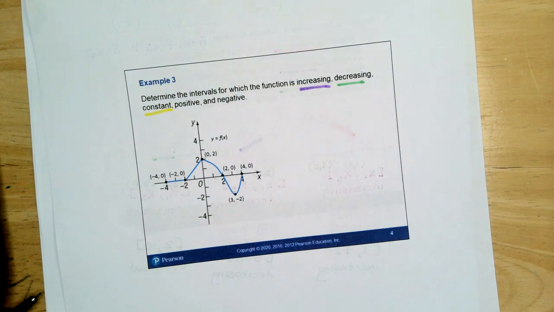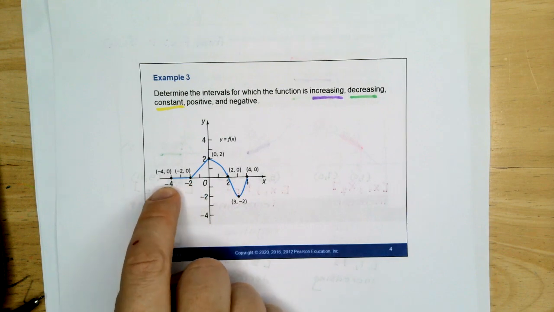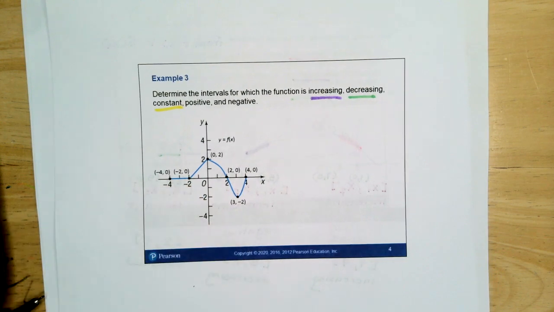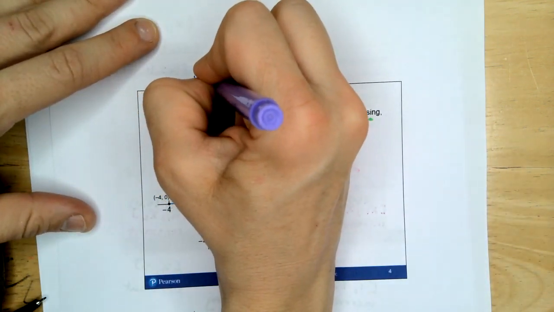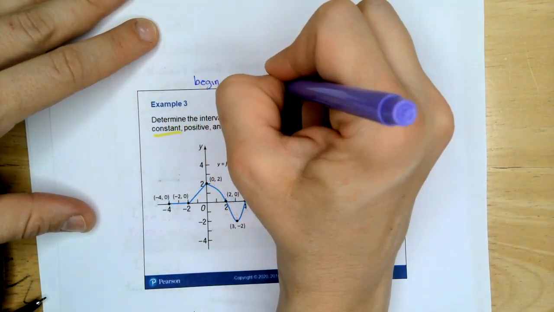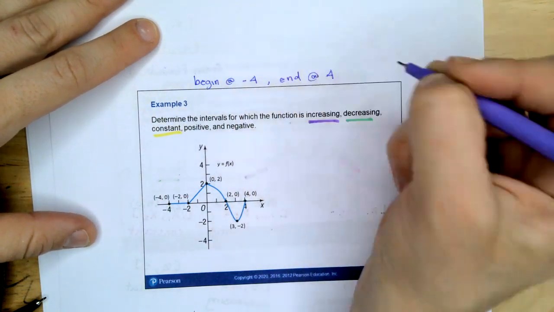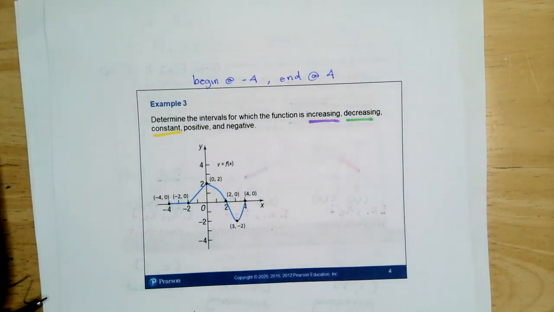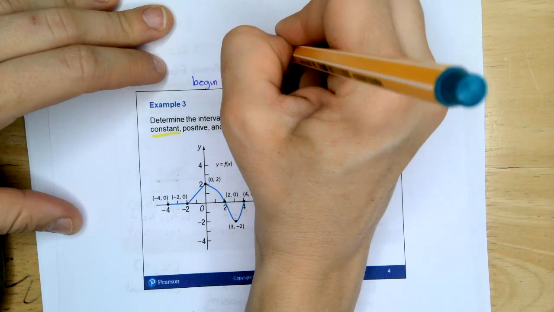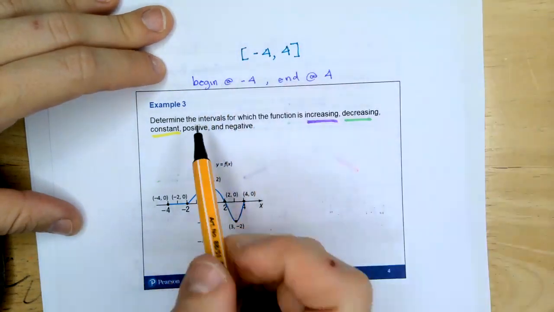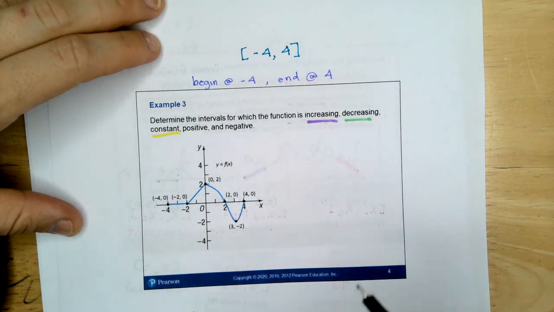Okay, so look at your graph. Look very carefully at your graph. It doesn't start at -2, it starts at -4. So we are beginning at -4 and ending at 4. How are they going to let you know where it begins and ends? They are going to say the interval -4, 4. Okay, that means we're starting at -4 and we're going to 4 on the x-axis.